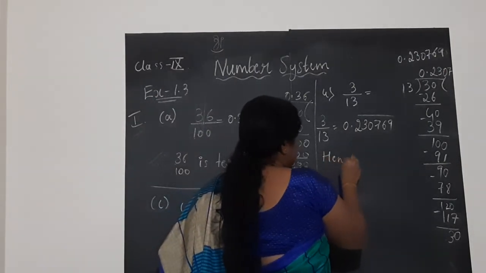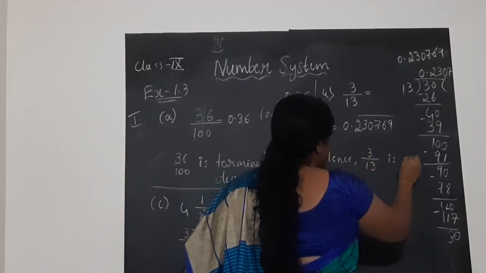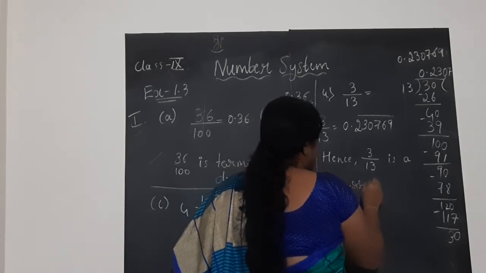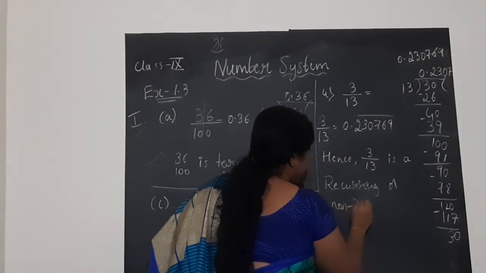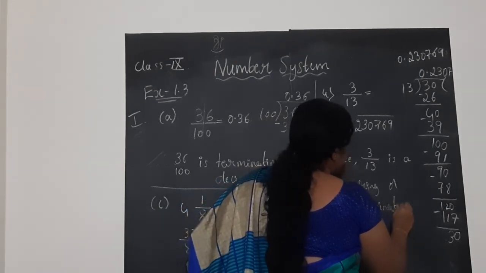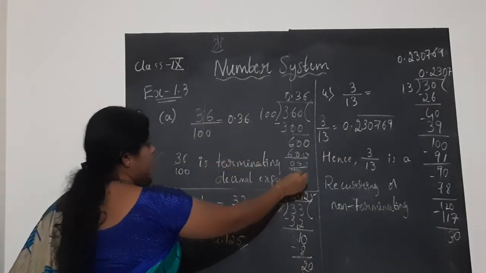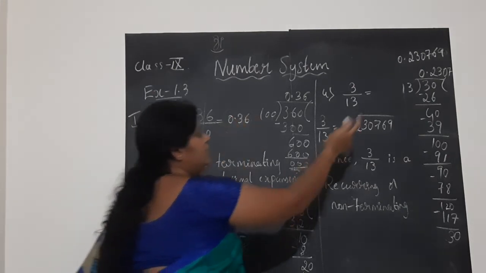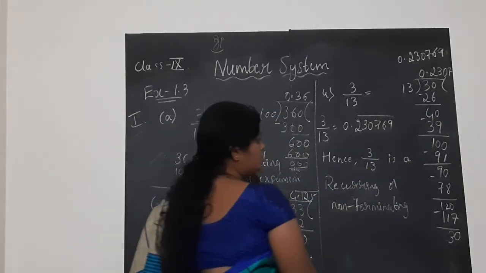Hence the conclusion statement: 3 divided by 13 is a recurring or non-terminating decimal expansion. In the previous video I told you, children, terminating means ending. In the first two examples we got remainder 0 and the value terminates. Here it is not ending. The same series will get repeated if you continue the division.